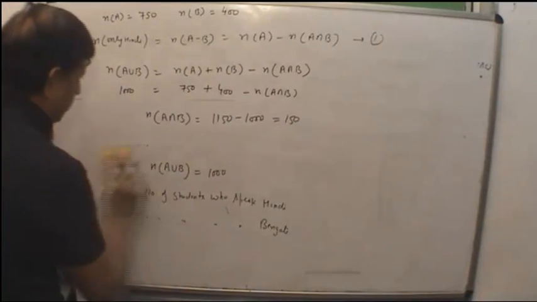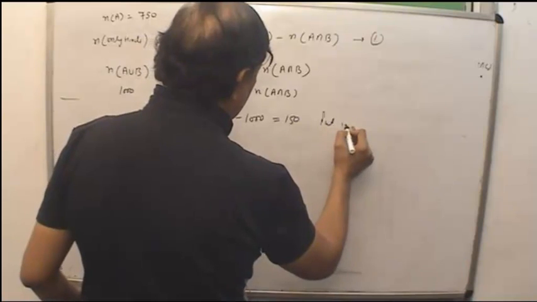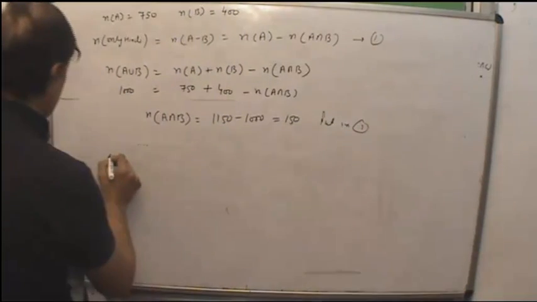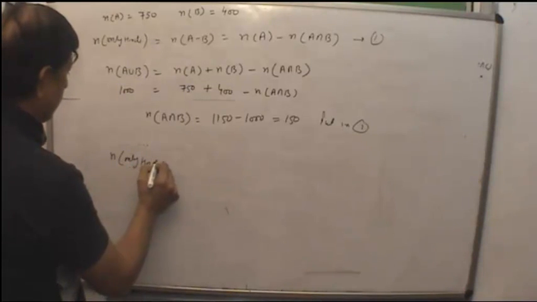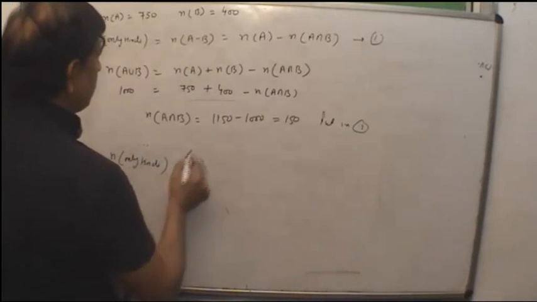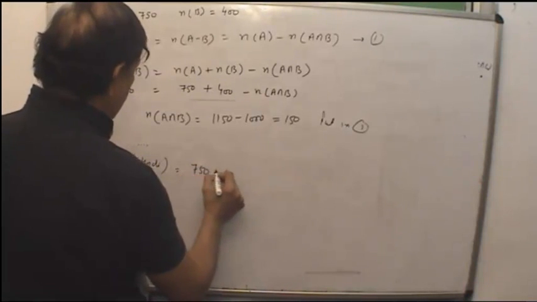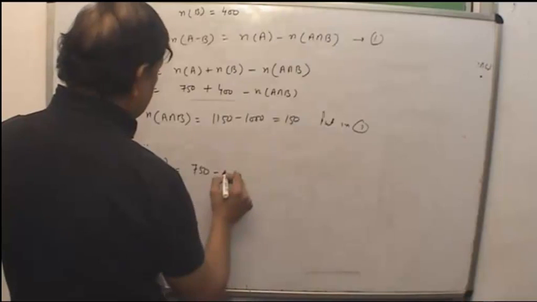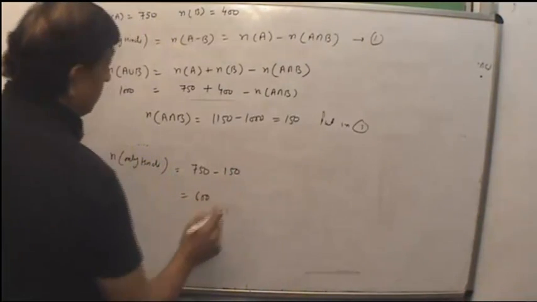If we put this value in 1, we can find N(only Hindi), those students who can speak only Hindi, that is equal to N(A), that is 750, minus N(A intersection B), 150, that is equal to 600.